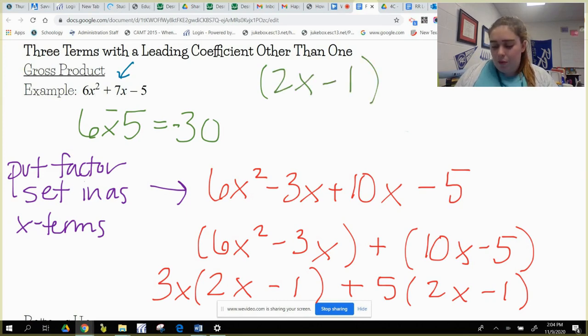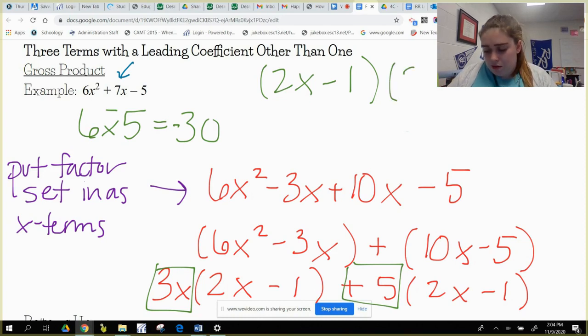And then the other thing we're going to group is those things that we factored out of the binomials. So that 3x and the positive 5 is going to become its own binomial next to that. That's what we call grouping. We're grouping those terms together. So that is our final answer.